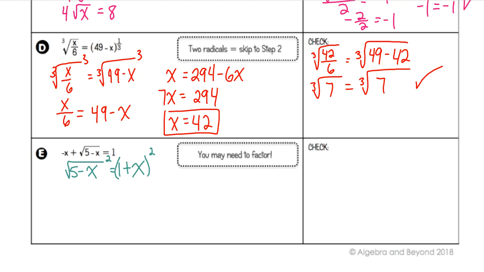So I am going to have to multiply that out. When I do that, the left side is still 5 minus x, but when I multiply 1 plus x times 1 plus x, and I FOIL it out or I use a box or whatever method you want, we end up with 1 plus 2x plus x squared.